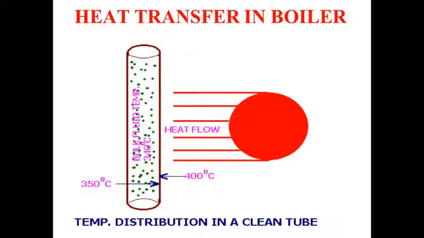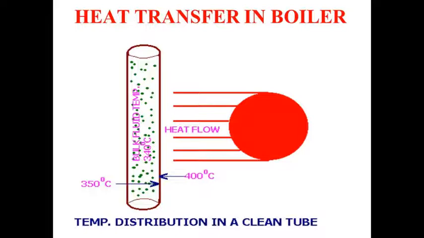As you see, within the boiler, when combustion is taking place, the average temperature available is around 1500 to 1800 degrees centigrade. But when the tubes are receiving the heat, the tube metal temperature comes with the coolant flow. The coolant is water or the water steam mixture flowing through it. So the temperature comes to around 400 degrees centigrade.